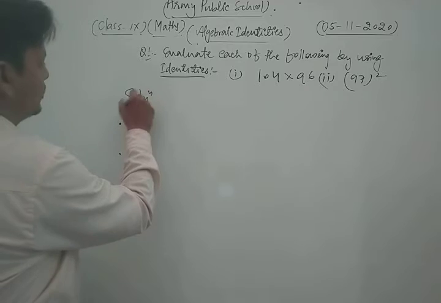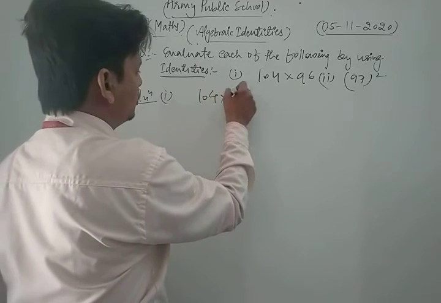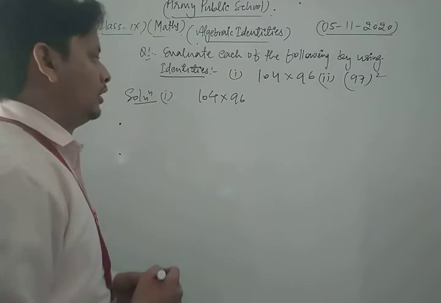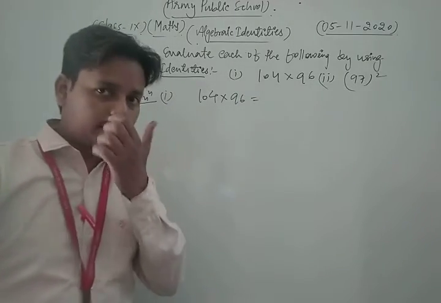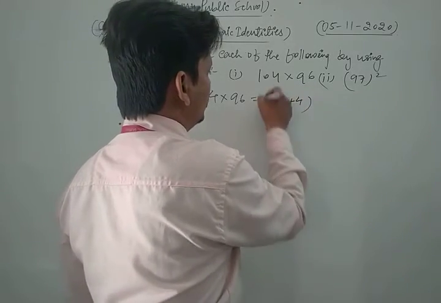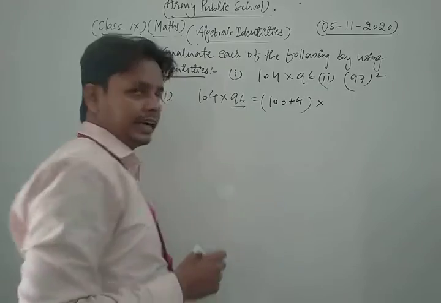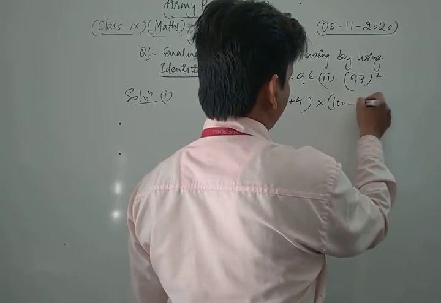Now we take and solve the first part of this question, which is 104 into 96. Dear friends, we can write 104 as 100 plus 4, and we write 96 as 100 minus 4.